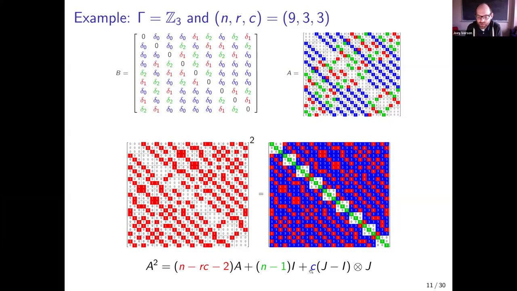And then there will be some other multiple, this C, times J minus I, which is like all 1s but with 0s down the diagonal, and then Kronecker with J. So this is a fancy way of saying ignore these blocks on the diagonal, everything except the blocks down the diagonal. And I'll have C of those, so that's 3. This is the quadratic condition that defines a DRACKN.